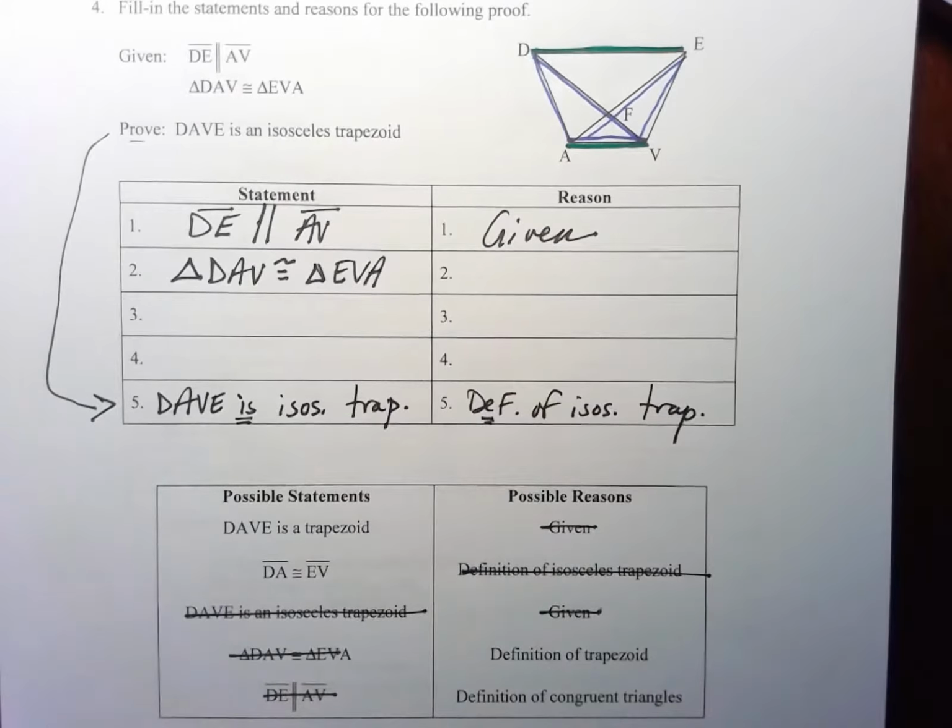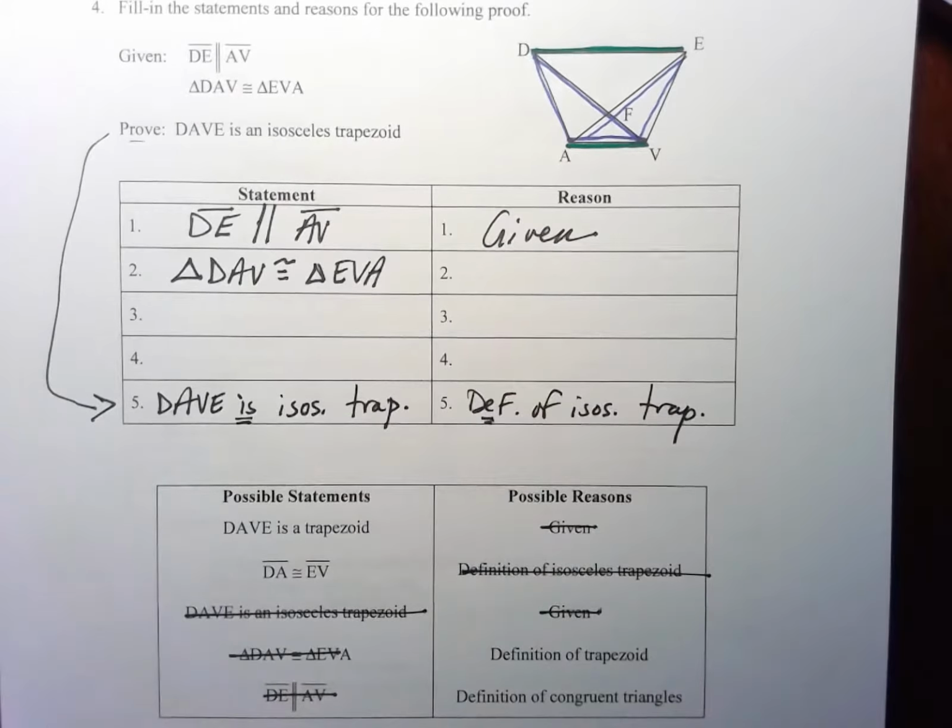We have two triangles that are congruent, and if they're congruent, then we know their corresponding sides are congruent. Look at DA. Here's this side. That side has to be congruent to this side of the blue congruent triangles. Okay, so DA is congruent to EV.